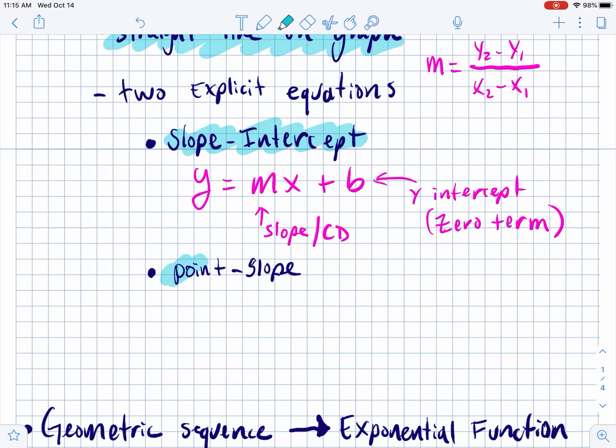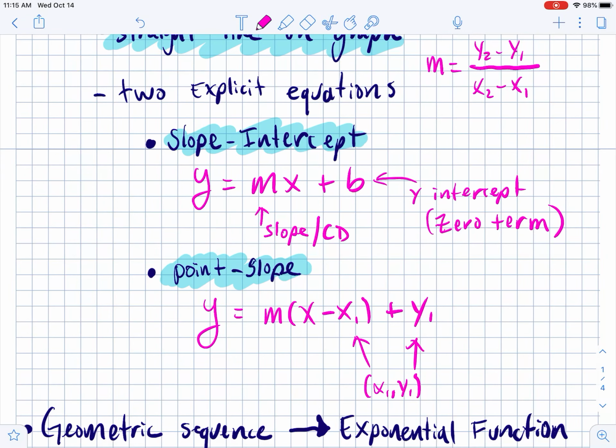The more recent way we've been forming equations of linear equations is point-slope form, which is y equals m(x minus x1) plus y1. Please remember that this x1, y1 is any coordinate that's on the line.